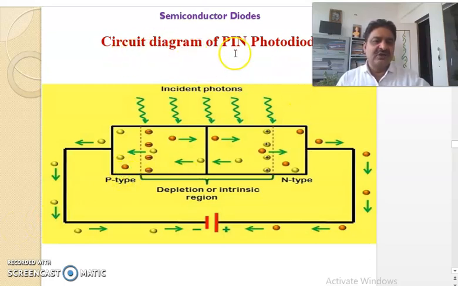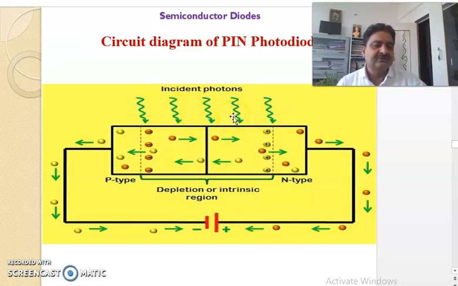Circuit diagram is shown here. Pin diode, or we say photodiode. Here light is incident. Whenever light is incident on it, the electrons and holes, holes in P type and electrons in N type material, get activated because of what?